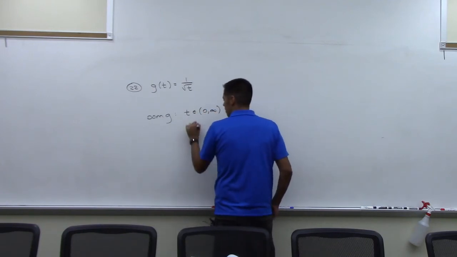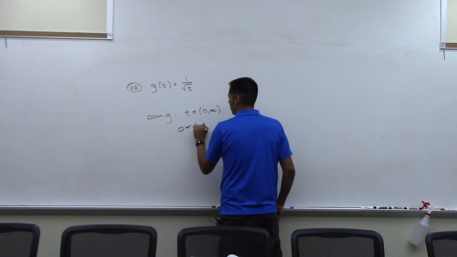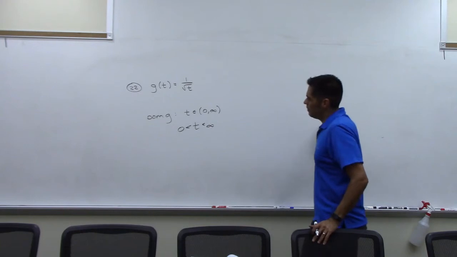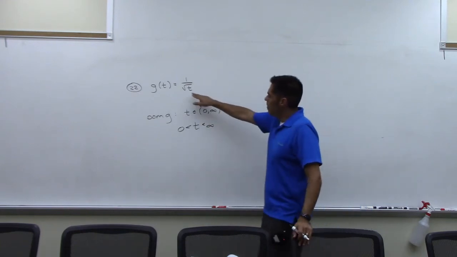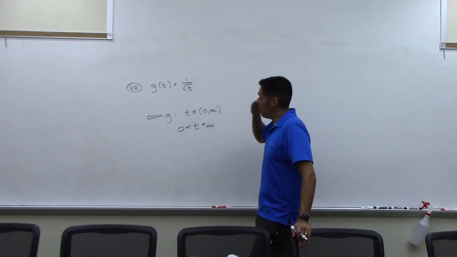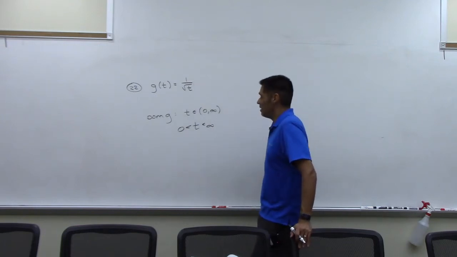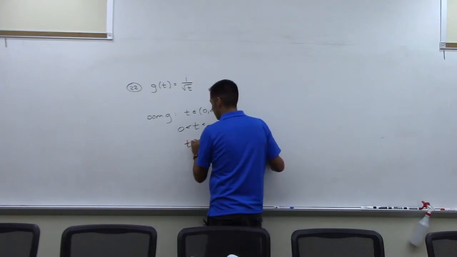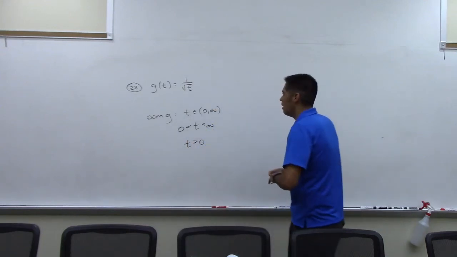In other words, t must be bigger than 0, and of course less than infinity. Because you have a root, right? You can't plug any negative numbers in, and you can't plug 0 in here because then you would have division by 0. So we've got to just have t's be positive numbers. You could also write t is greater than 0. All right, so that's the domain.